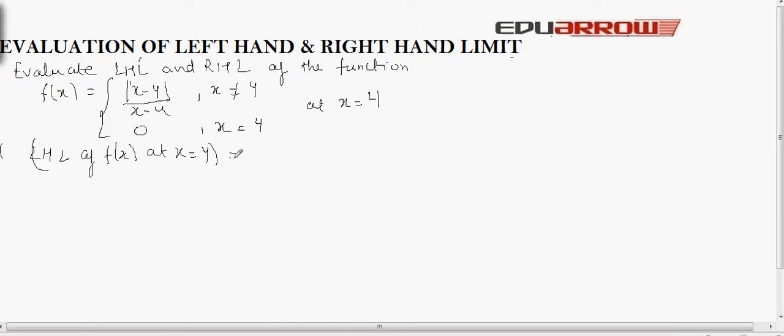which is equal to left hand limit of x tends to 4 negative of f(x), which will be equal to limit h tends to 0 f(4 minus h), because here in this case a is 4.